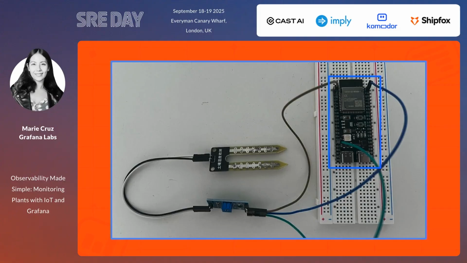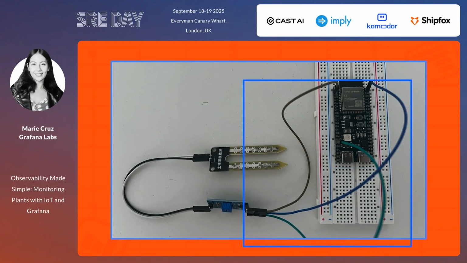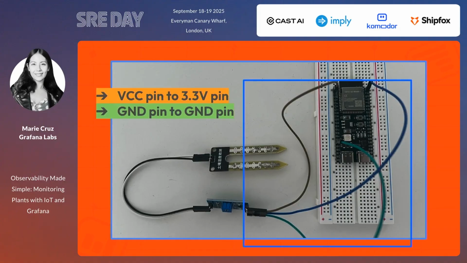You can obviously not purchase the breadboard, but in our case, we found that it made everything more stable. Next, we connected the soil moisture sensor to the development board by connecting the following pins. We connected the VCC pin to the 3.3 volts pin, the ground pin from the soil moisture sensor to the ground pin of the development board, and then the AO or analog output pin to pin number 11.